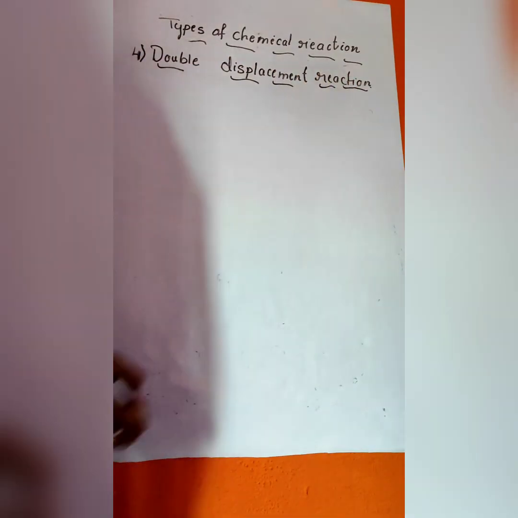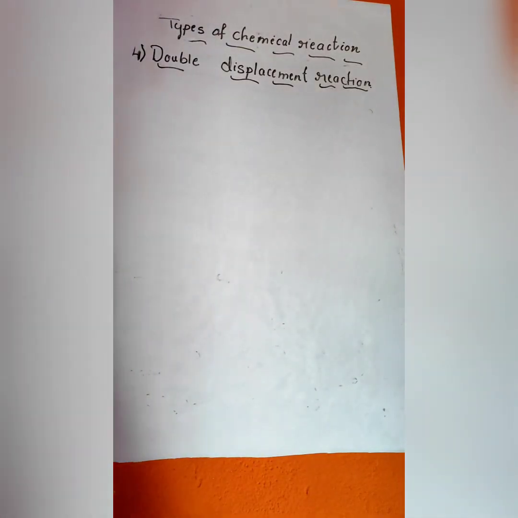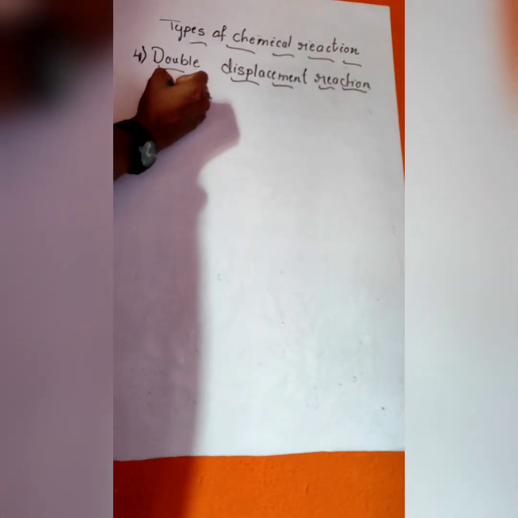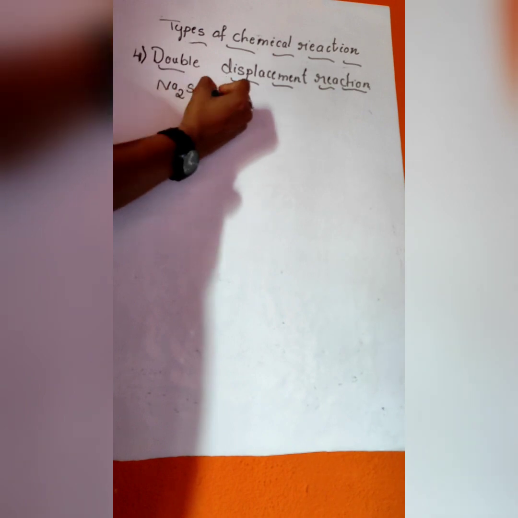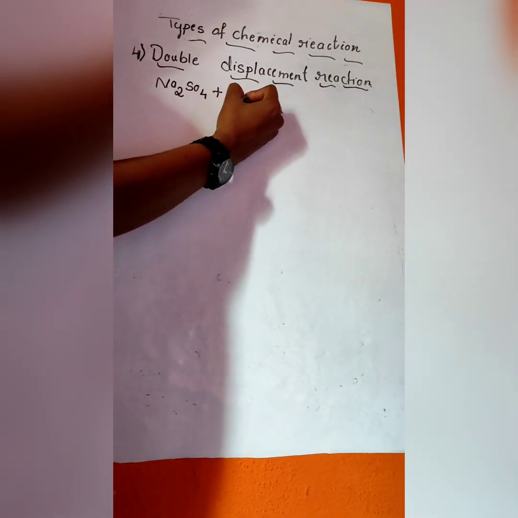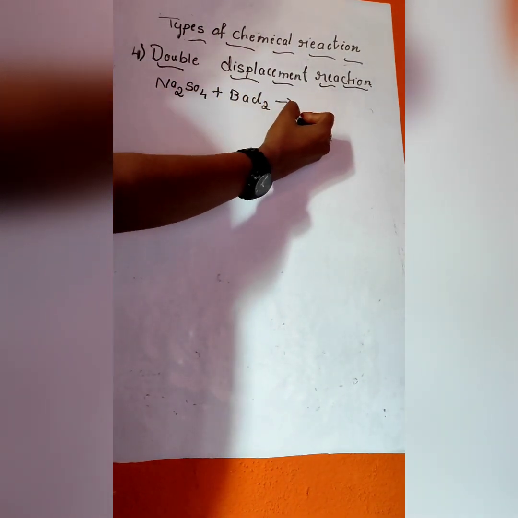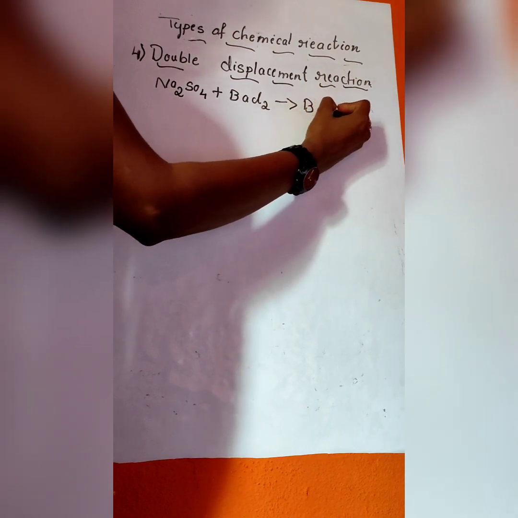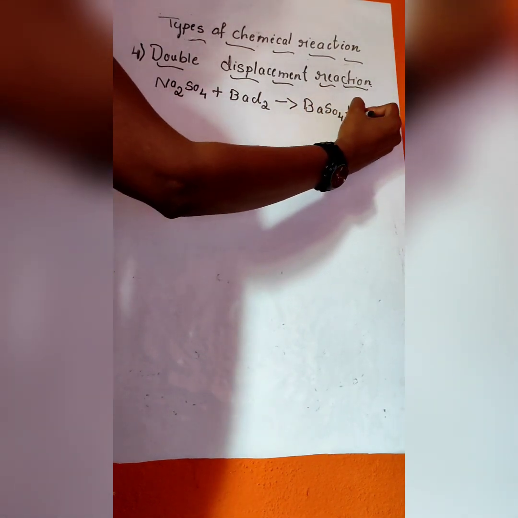Move on to the double displacement reaction. Here in double displacement reaction, exchange of ions takes place, and due to the exchange of ions new compounds form. That is called double displacement reaction. Example: sodium sulfate plus barium chloride forming barium sulfate plus sodium chloride.